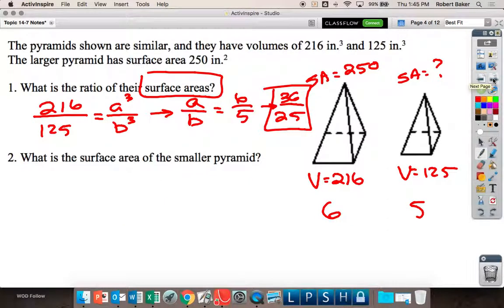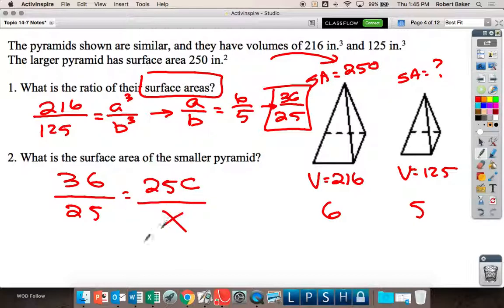So, after all of that work, now we have a ratio of areas. So I know that the proportion 36 over 25 compares the areas of those two figures. Well, what is the surface area of the big shape? 250.